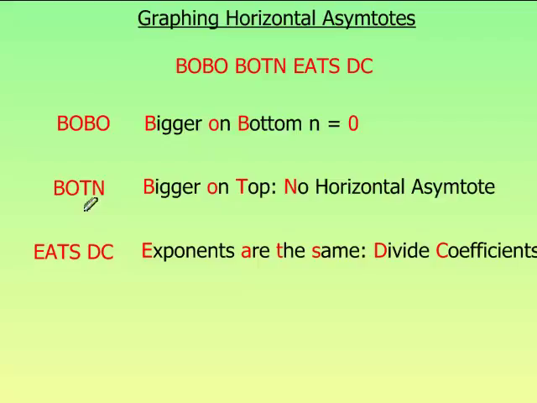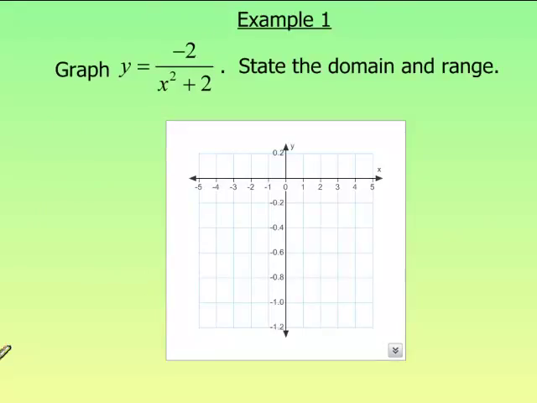Botan: bigger on top, then no horizontal asymptotes. And then eats DC: if the exponents are the same, then you divide the coefficients, and thus that will help you remember how to figure out the horizontal asymptotes.